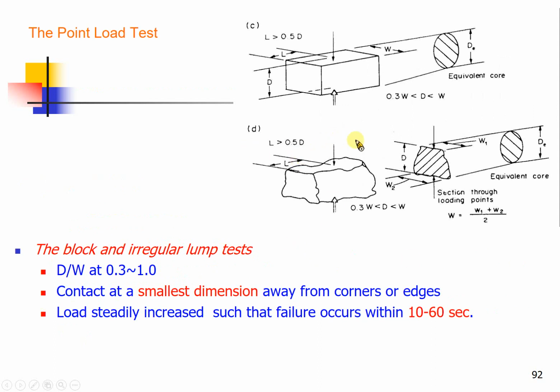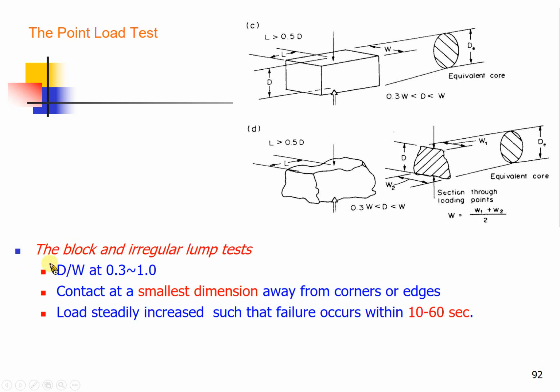So this will be an example for irregular shape rocks. So you can do your test in this condition. There are some limitations for the testing. So you need to have a good shape to make the test. Okay.